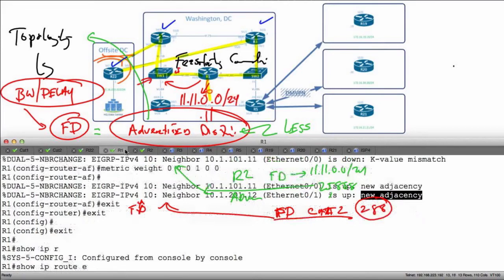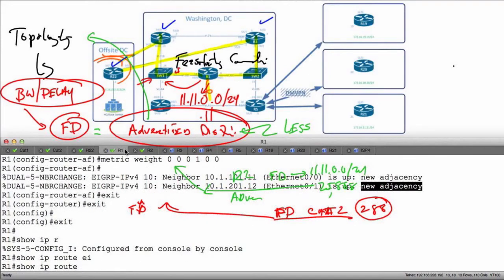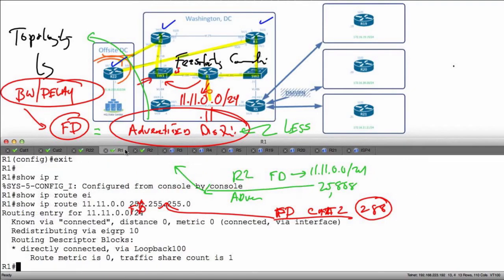Show IP route EIGRP, show IP route 11.11.0.0. And we see our distance here is, first of all, it's connected. So notice I'm not seeing anything in here, connected. So let's take a look at the table.